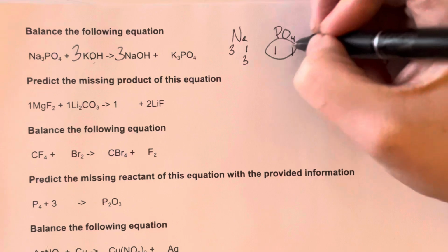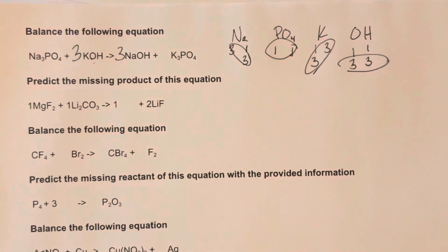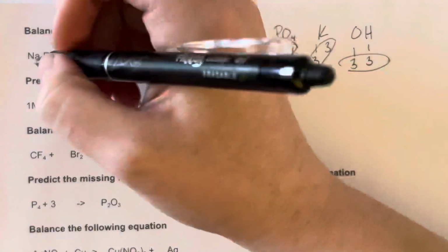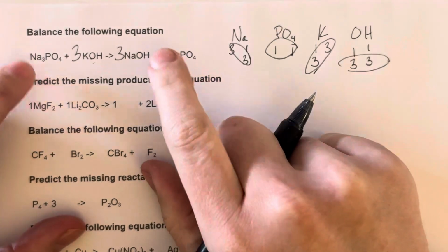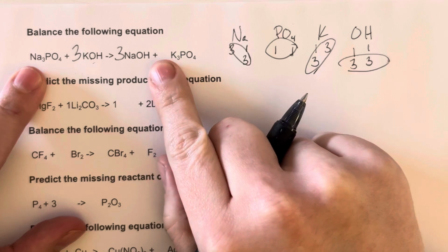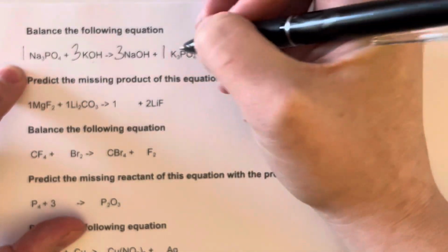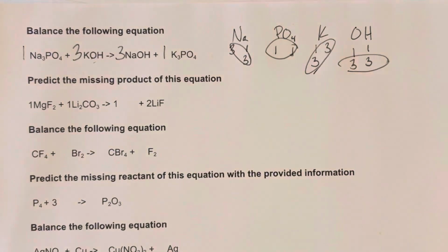Now that everything is balanced, I can go ahead and give myself my victory lap here. On Blend, the coefficients for the compounds that we did not end up putting any numbers in, I do still need to include them, and those are invisible ones, and so on Blend we would type the ones.